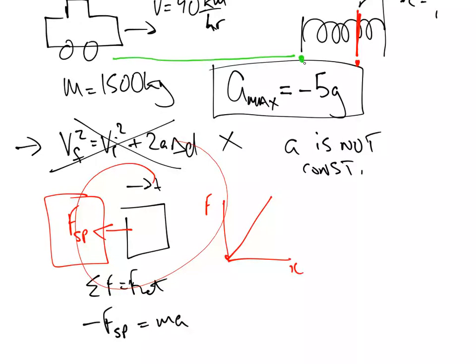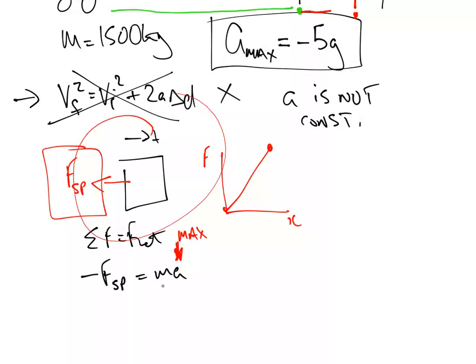As the spring starts to compress, the force gets bigger and bigger. Acceleration is going to be maximum when the force of the spring is maximum, and the force of the spring is maximum when there's maximum compression, therefore at that location.